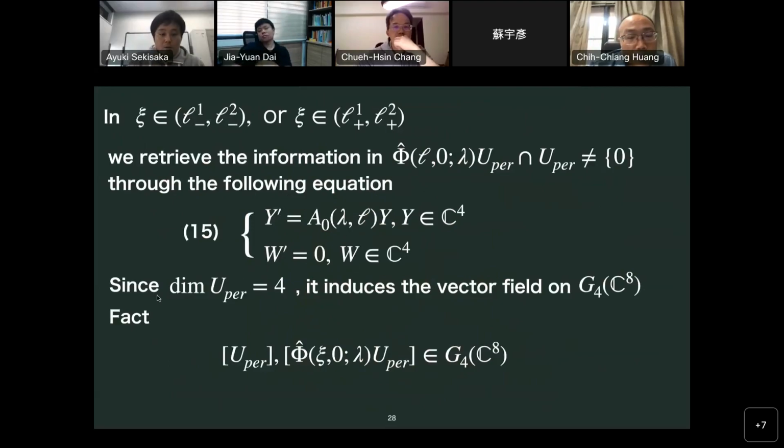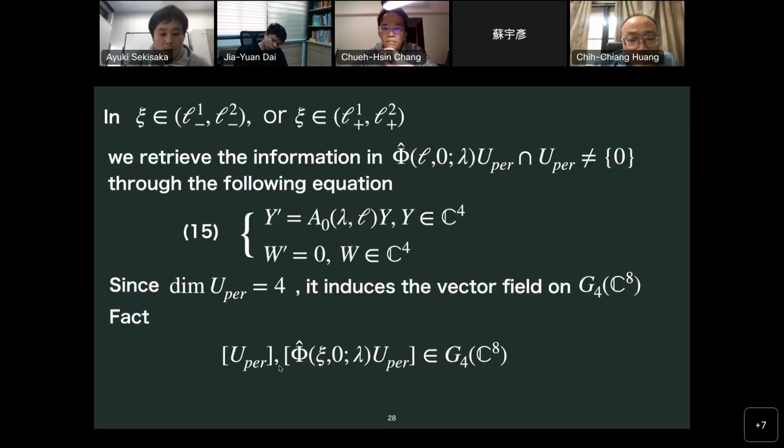The boundary condition is expressed as four-dimensional subspaces, so we can consider a vector field on the Grassmannian manifold over four-dimensional subspaces, G4, C8. We consider the vector field that induces a vector field on G4, C8.